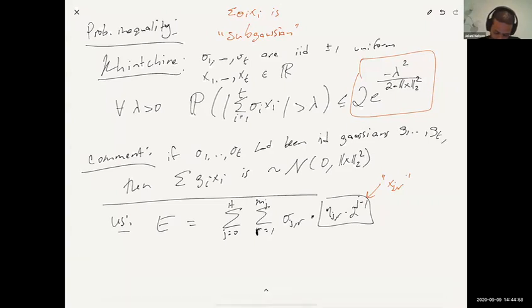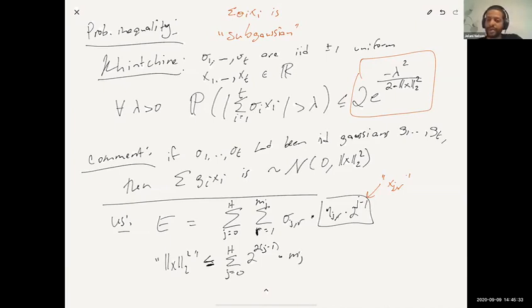So now what's my L2 norm of x squared? Well, it's at most... this is why I was saying it doesn't really matter what the etas are. The etas are either 0 or 1, so the L2 norm squared is upper bounded by the case where all the etas are 1. So this is at most the sum over j from 0 to h of 2 to the 2j minus 1 times mj.